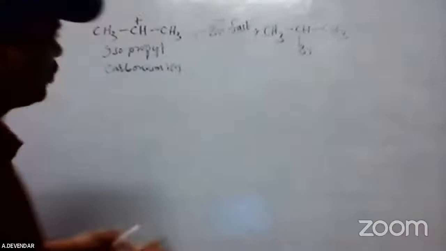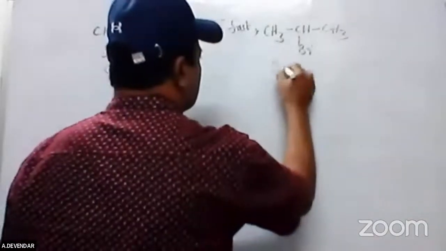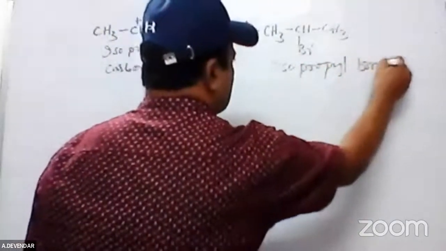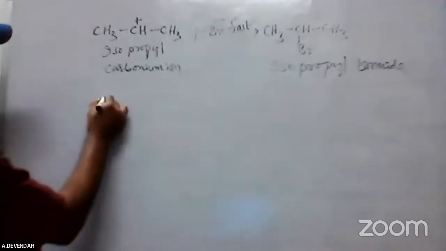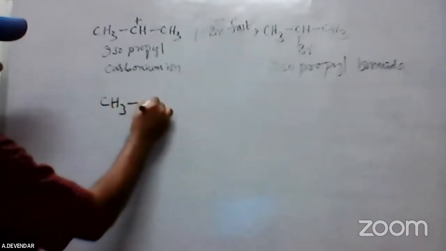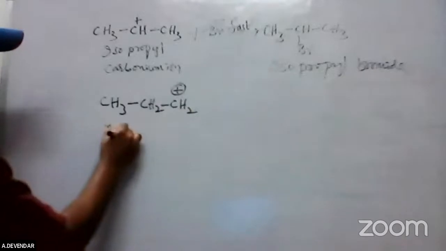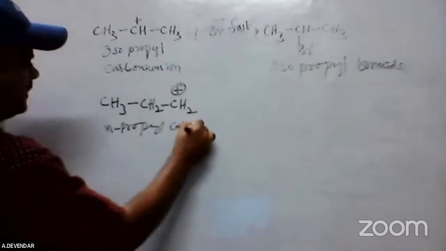So this is isopropyl bromide. Next one is CH3 CH2 CH2 plus, the N-propyl carbonium ion.